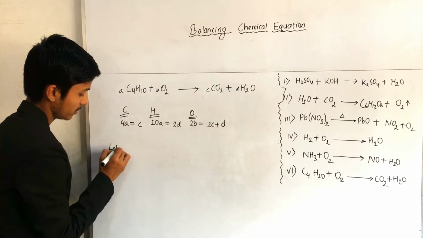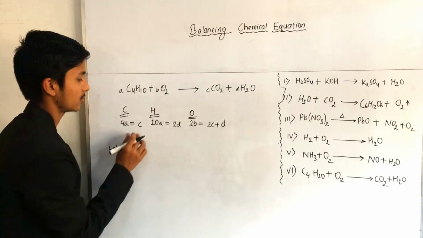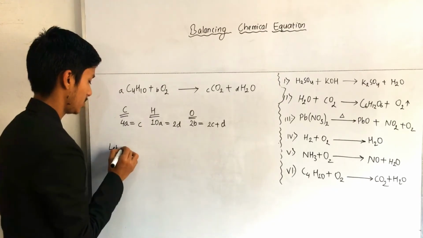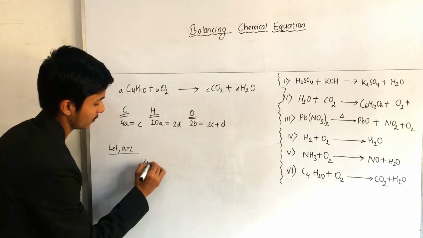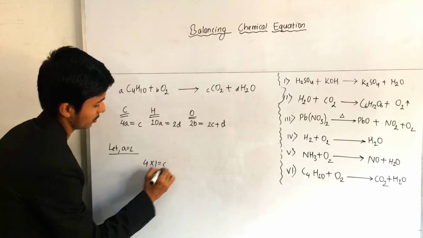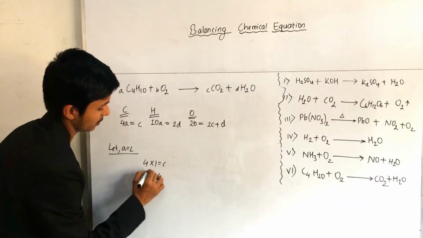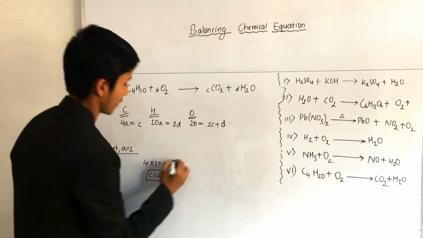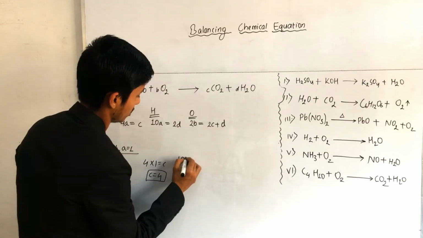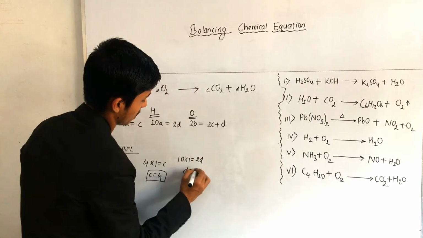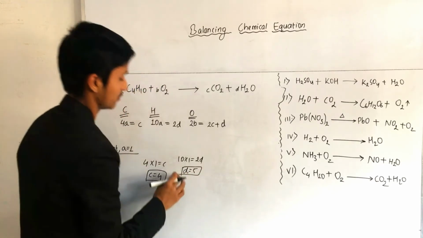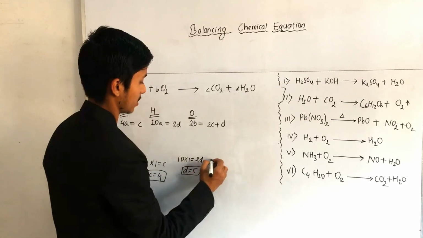Now we let A is equal to 1. Then 4 into 1 is equal to C, so C is equal to 4. 10 into 1 is equal to 2D, so D is equal to 5.